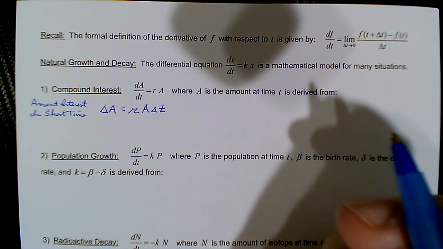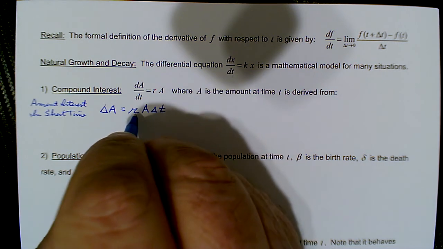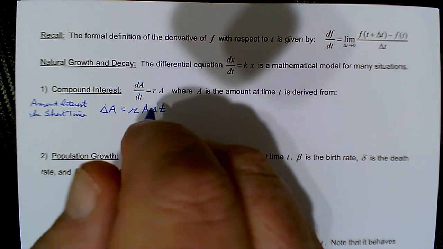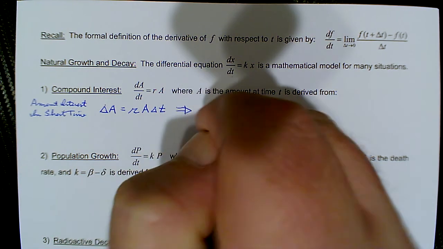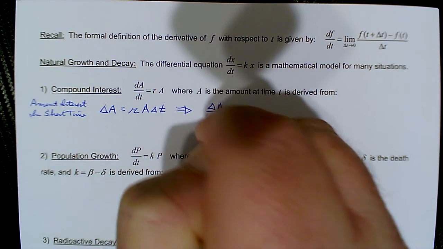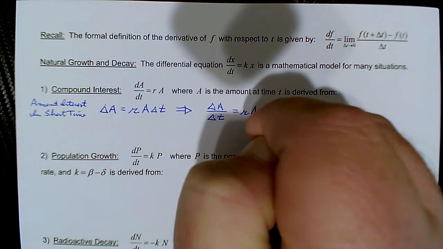It's going to be the rate, whatever the percentage is, times the amount in there, times that change in time. If we take that equation and divide by delta t, we have delta A over delta t equaling R times A.